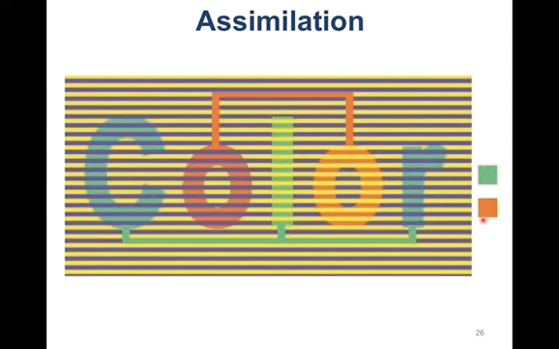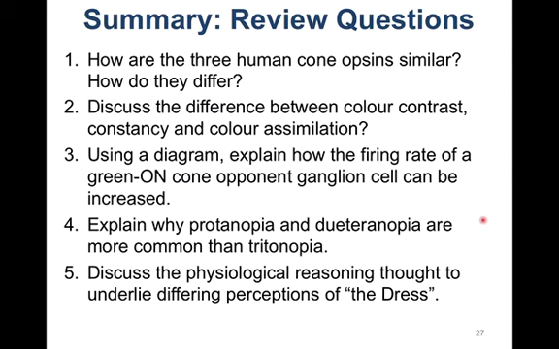The third aspect of vision that we talked about, where colors tend to take on hues of other shades or colors that they're juxtaposed or side by side with. So make sure you're clear on cone opponency, constancy, and assimilation as three key aspects of color vision.